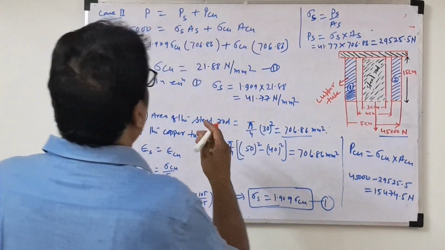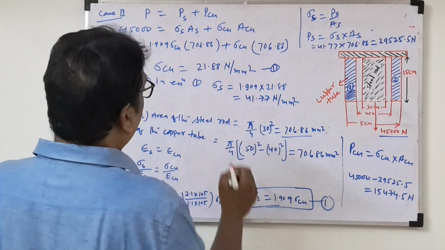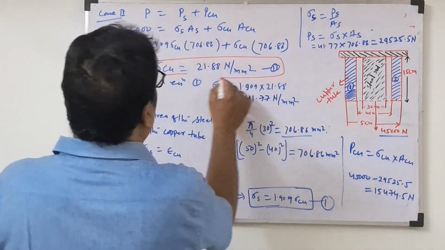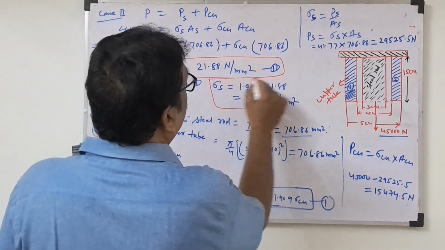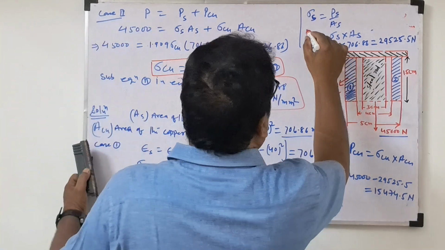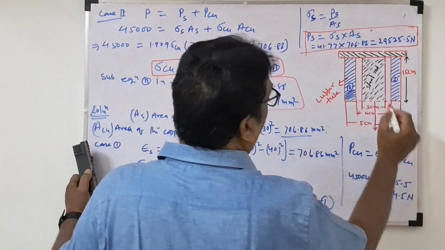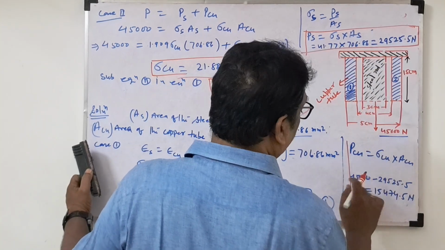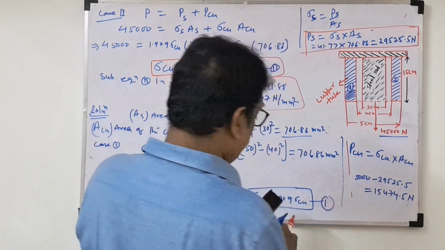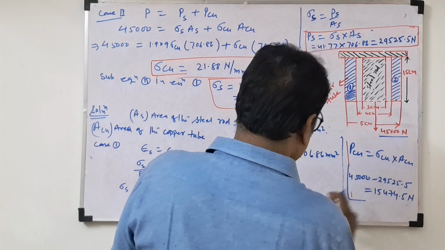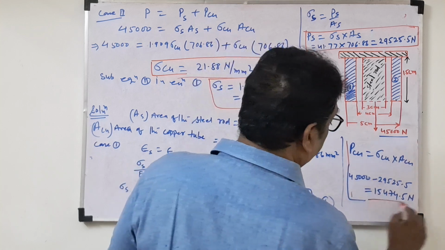This will be the answer. They are asking stress in the copper tube, stress in the steel rod, load in the steel rod, and load in the copper tube. So this is your answer here.